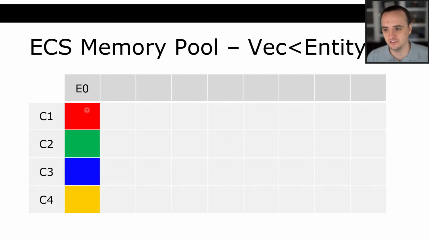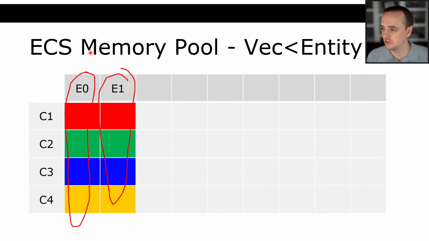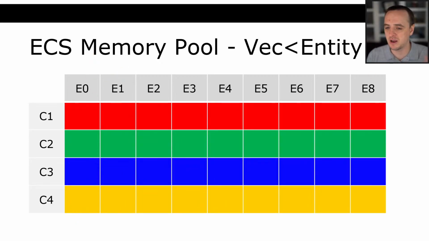I just say stick it in the next spot. Next entity, stick it in the next spot. And then I can fill up my memory pool however I want, and it's so much simpler. And none of this gets dynamically allocated, and none of it gets dynamically deallocated. So the first thing that the memory pool offers us is way faster entity creation and way faster entity deletion.